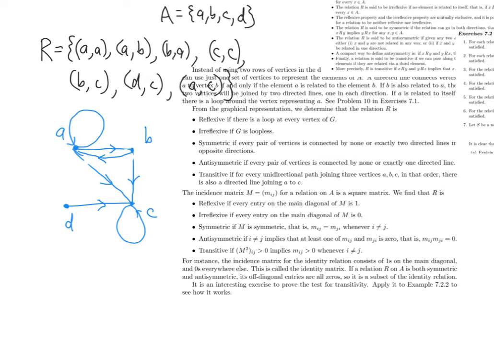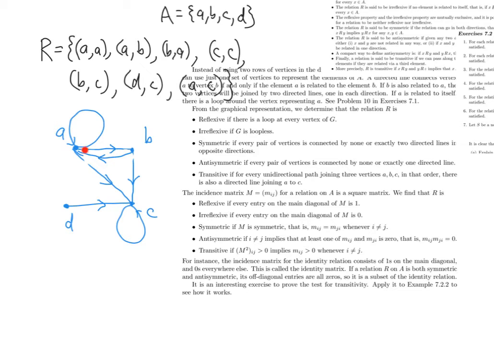It's transitive if for every unidirectional path joining three vertices A, B, and C in that order, there is also a directed line joining A to C. Okay, unidirectional path. That's just a fancy way of saying I go from A to B, B to C. So I have a unidirectional path. It's going in one direction. It's going from A to C through B, and I have the edge that connects A to C directly.